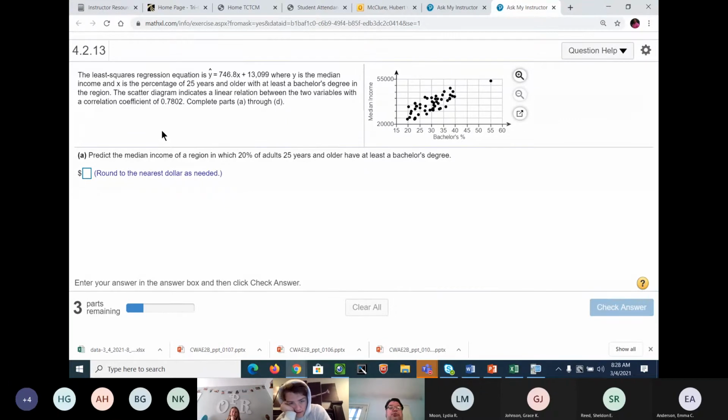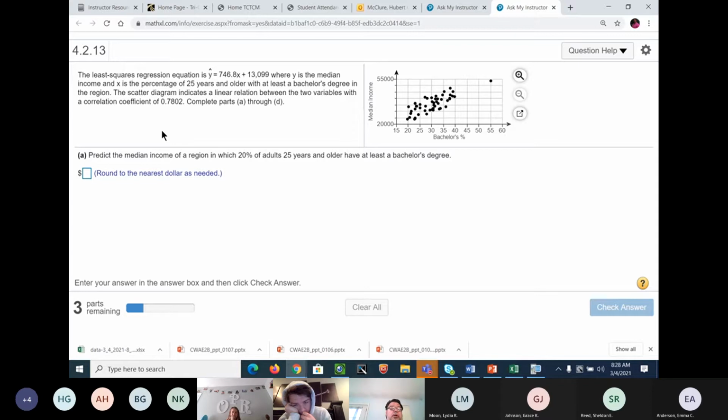I'm just writing this down so I don't have to go back to the question. The scatter diagram indicates a linear relation between the two variables with a correlation coefficient R equal to 0.7802.